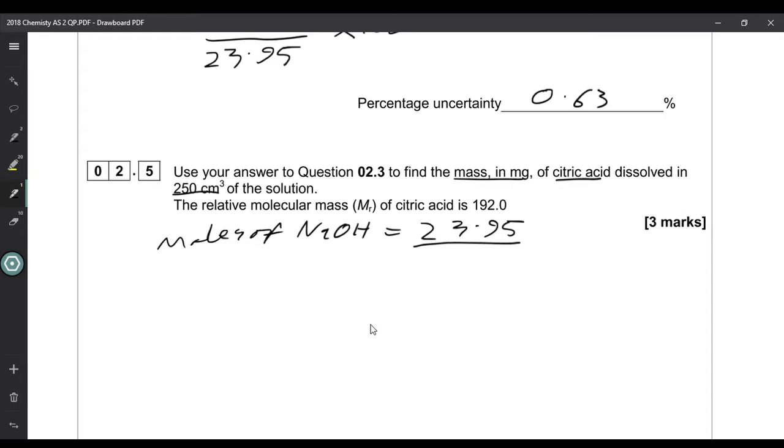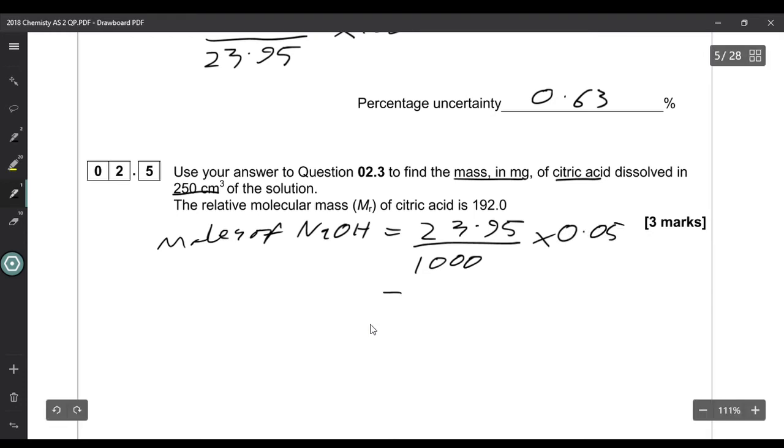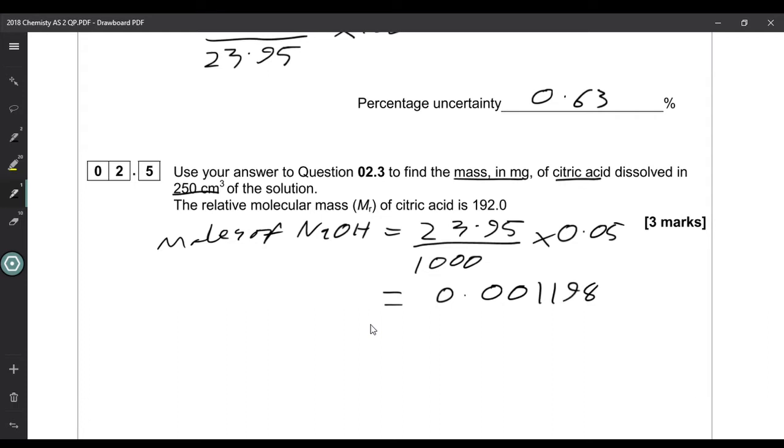So it's 23.95 divided by 1000 times our concentration of sodium hydroxide, which is 0.05 moles per dm cubed, and that comes out to be 0.001198. Okay, so now we've got the number of moles of sodium hydroxide.